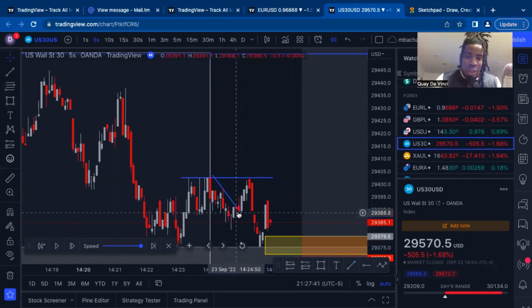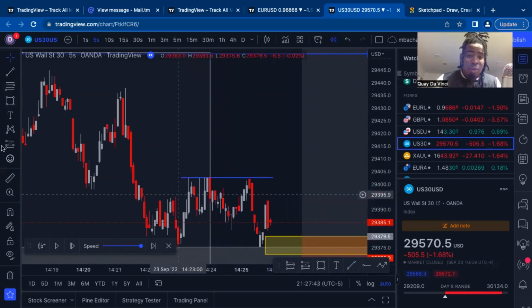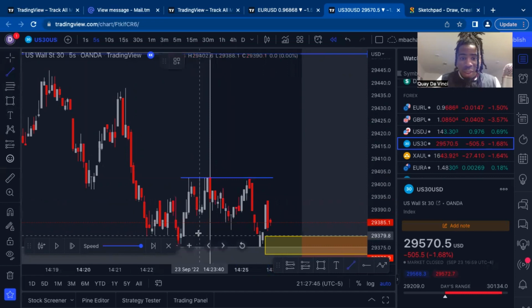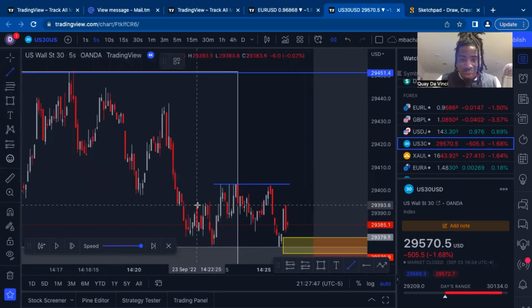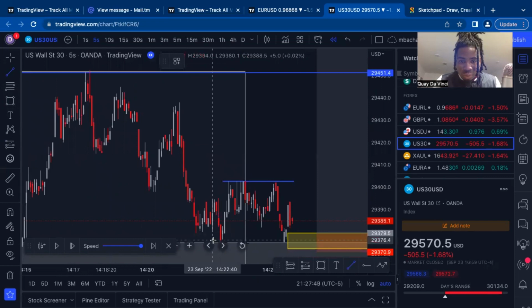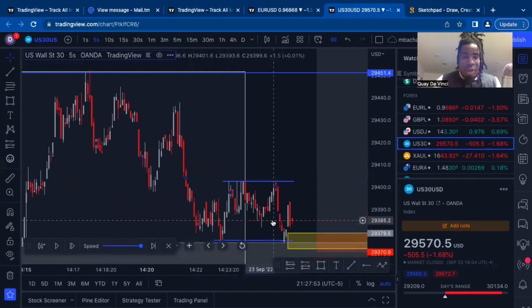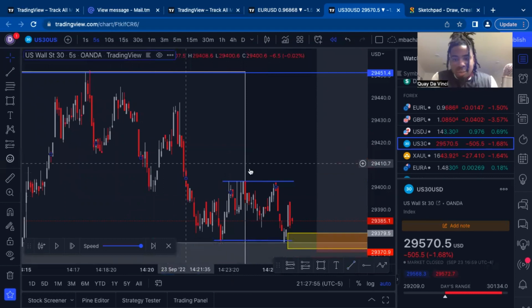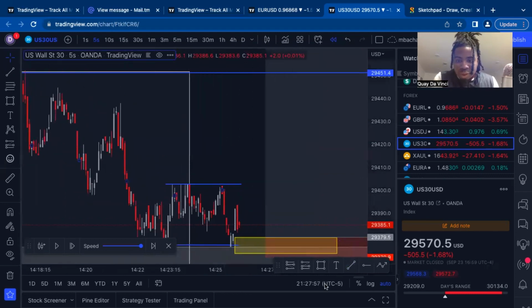The trend channel, we can kind of ignore that. This is all on the 5 second, by the way. Y'all know I love them lower time frames. But this whole range was being created, right? So let's just see what happens next, right?